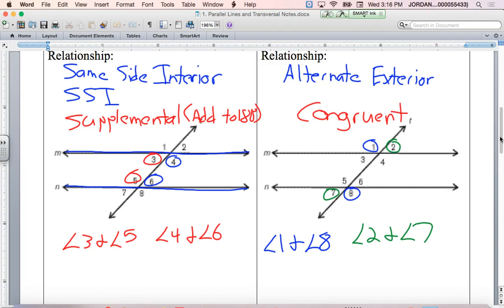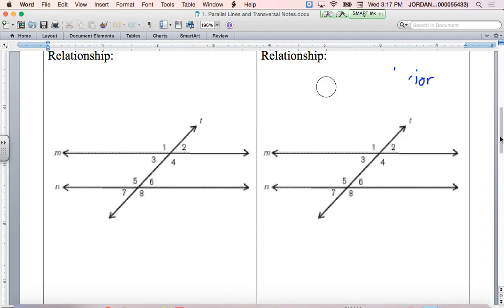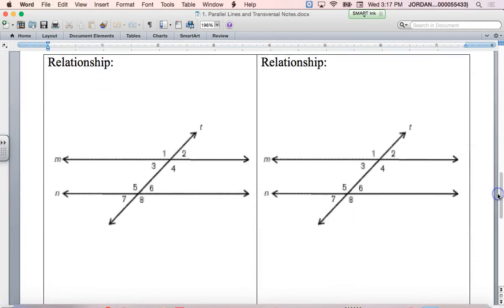Okay, now let's roll on to the next types that we could end up having to worry about. So the next one we'll talk about are alternate interior. And again, we know that terminology. Alternate interior. So they're on the interior and they're on alternate sides.